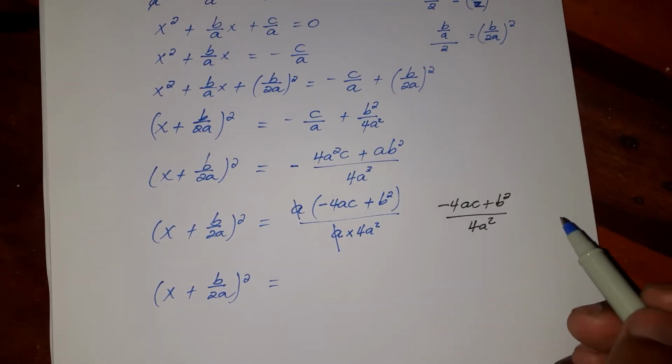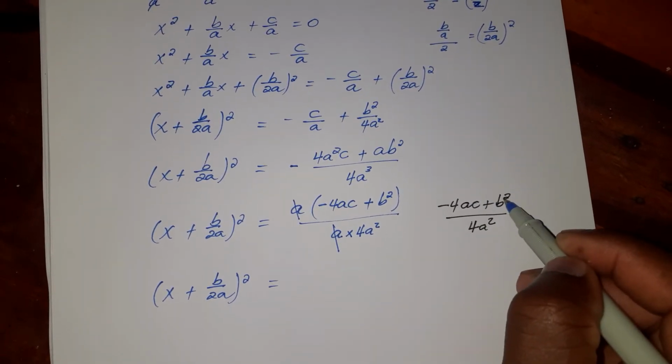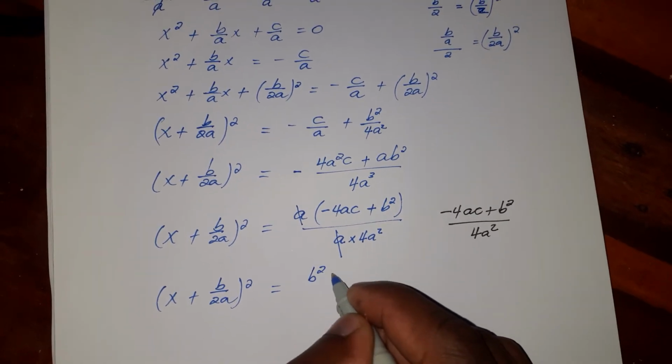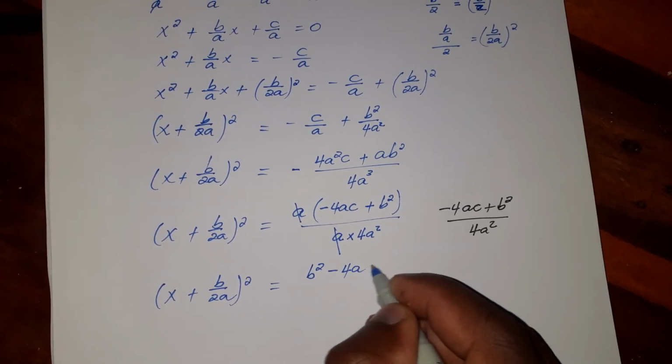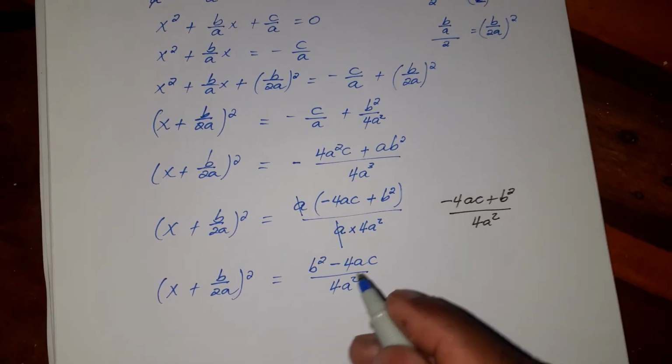Now I want to rewrite the numerator starting with positive b squared minus 4ac. Then I'm going to have b squared minus 4ac over 4a squared.